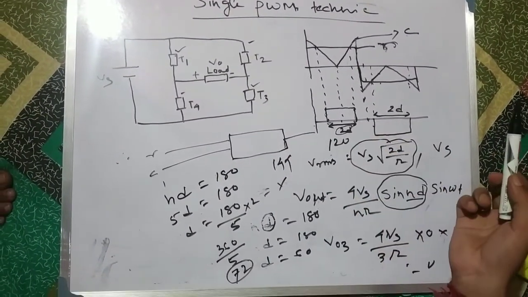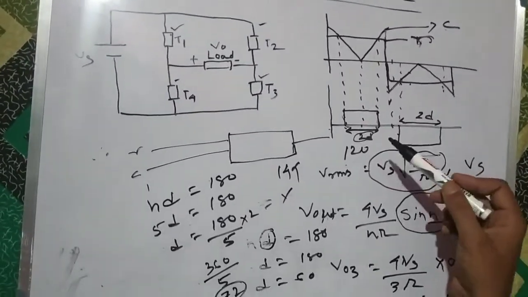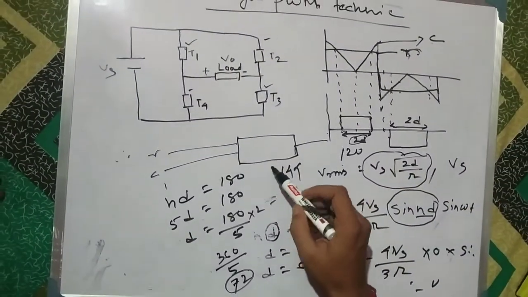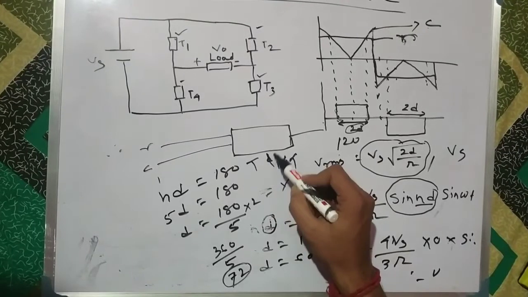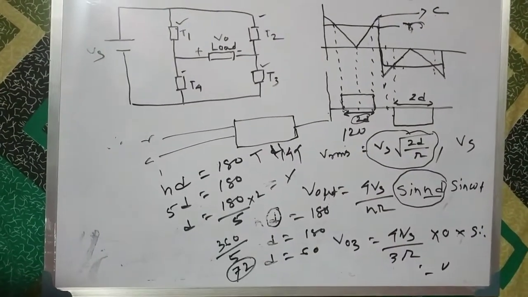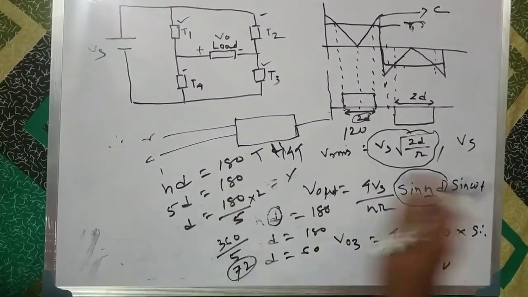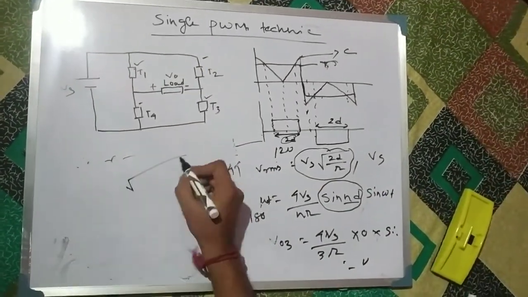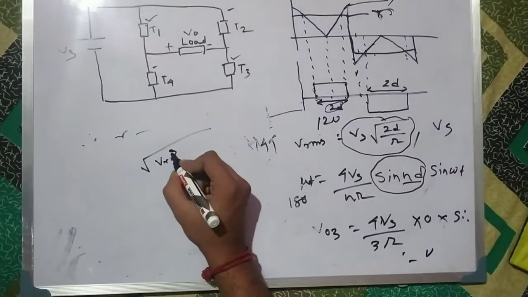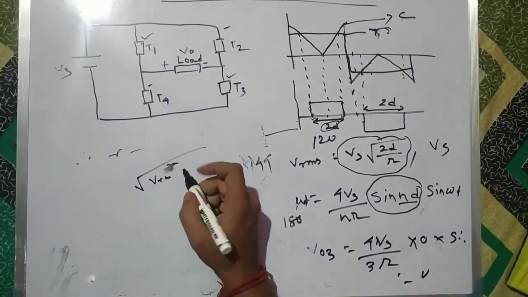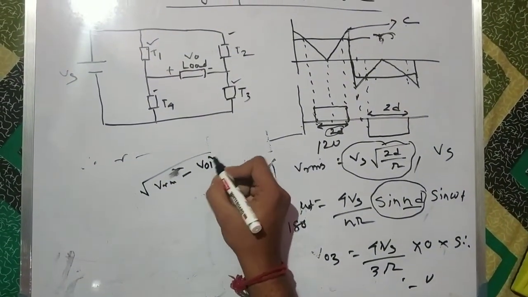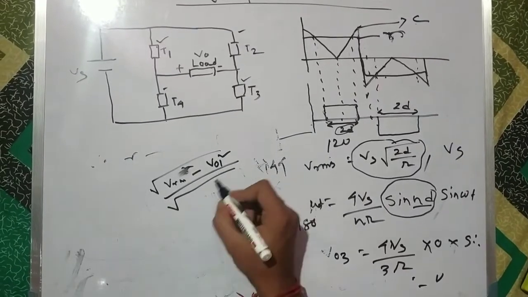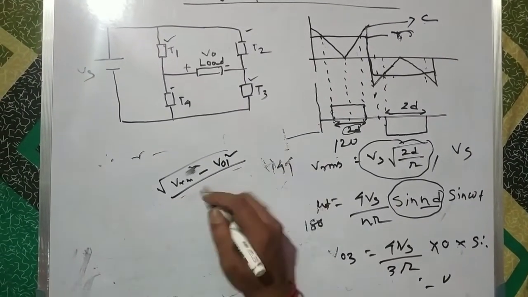If the fifth harmonic is eliminated, the THD value, total harmonic distortion, will decrease, because THD is the root over RMS square minus first harmonic square, divided by the first harmonic.